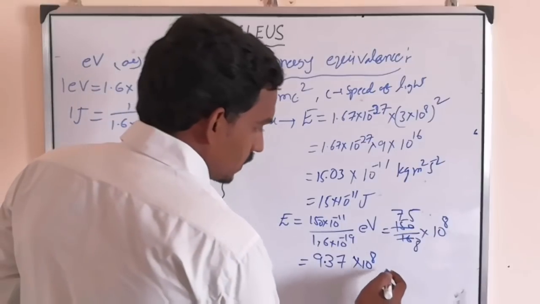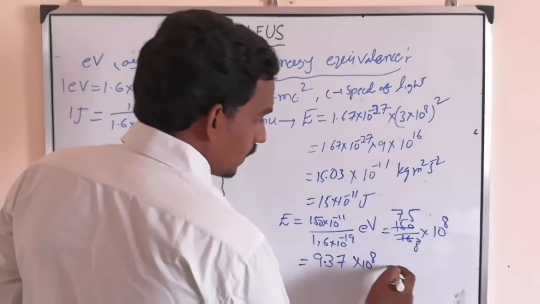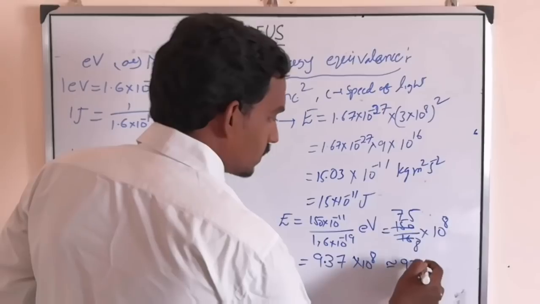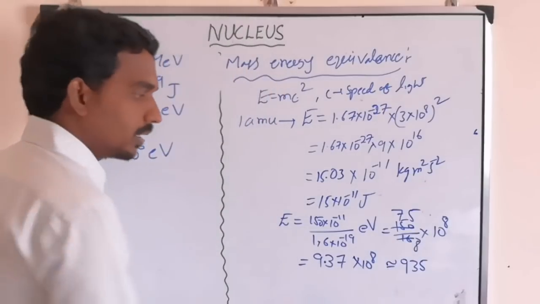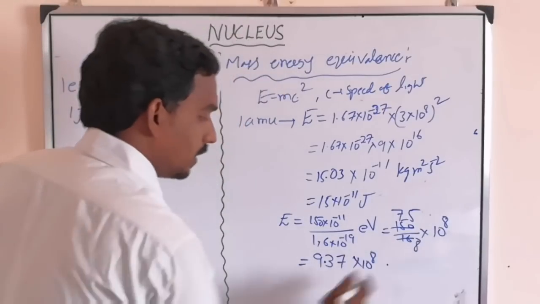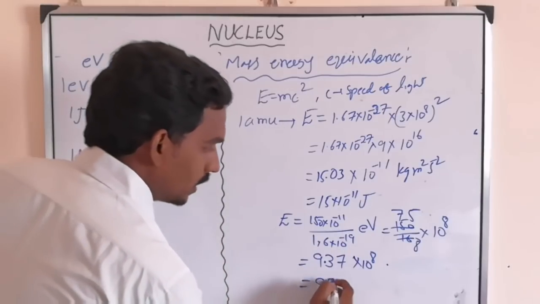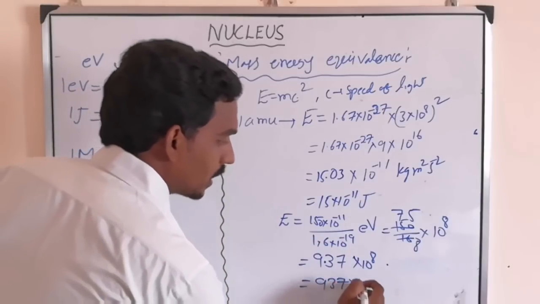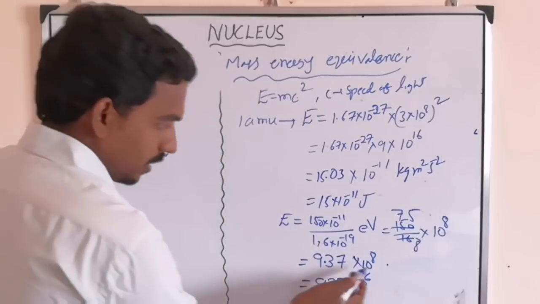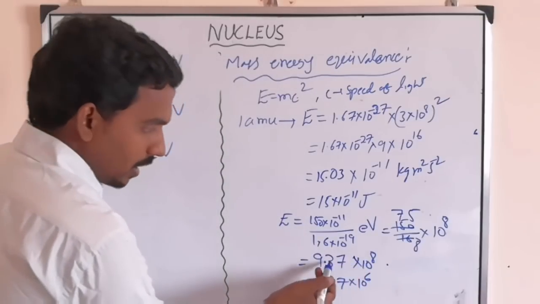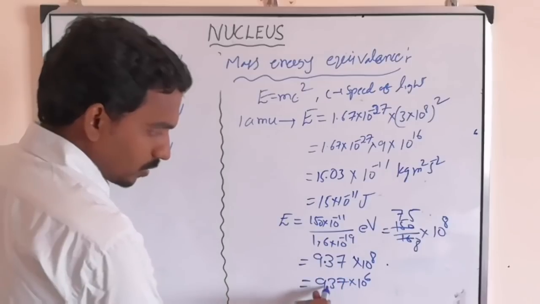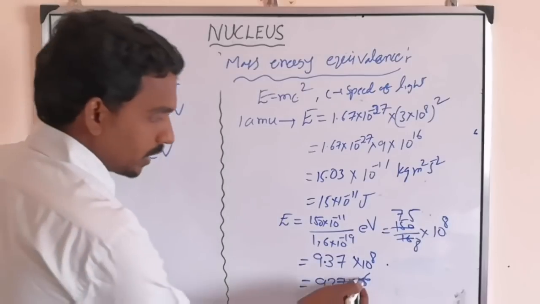Approximately, they will take it as 935, because they will mention it sometimes, that's why I am giving you the approximate value. Actually it is 937 into 10 power 6. See, 10 power 8 means I moved the point by 2 places, so I have written 10 power 6.